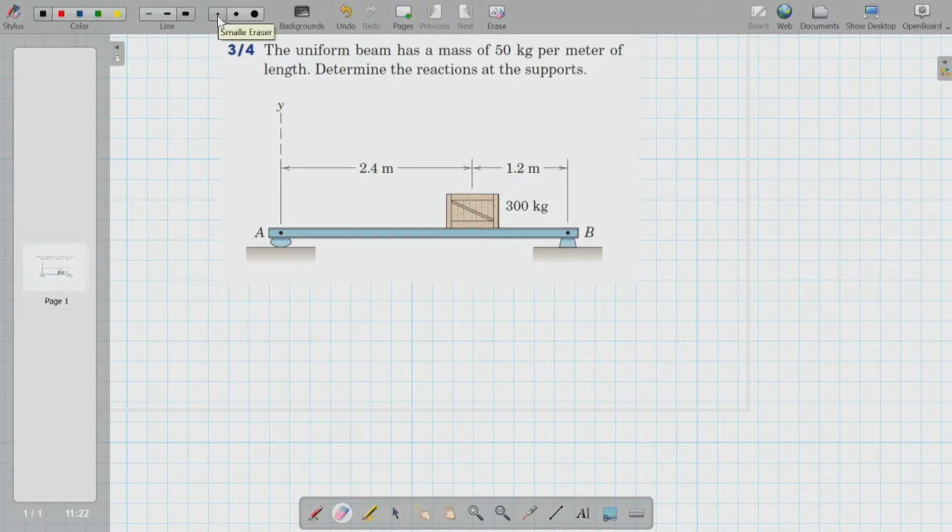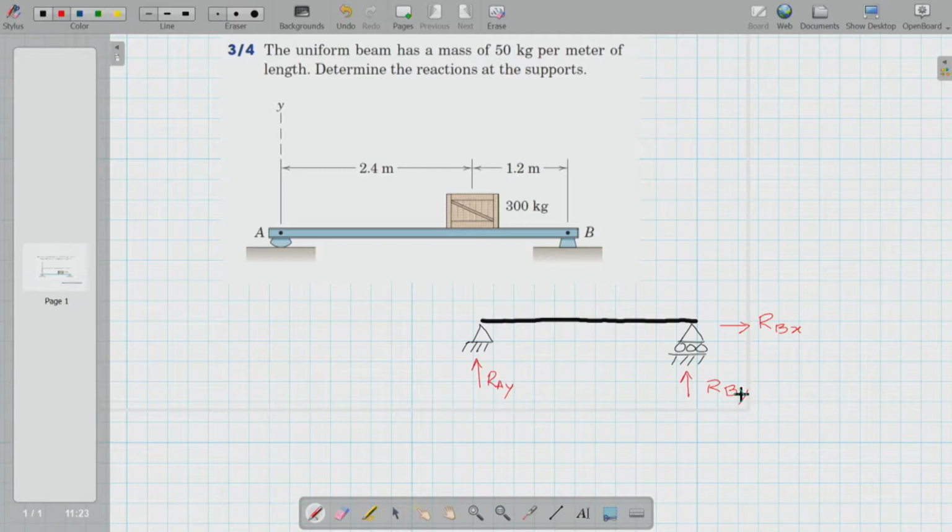It's a simply supported beam. At A, there would be a reaction acting upwards, RAY, at B, RBX. One end is fixed support, the other end is roller support.